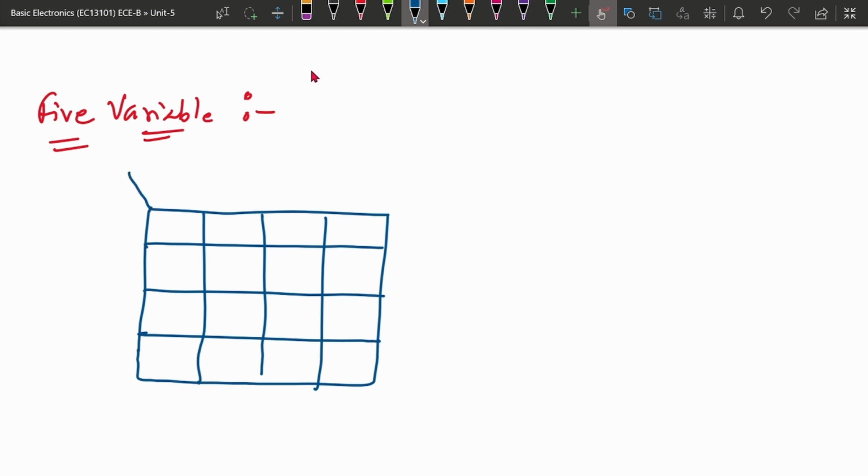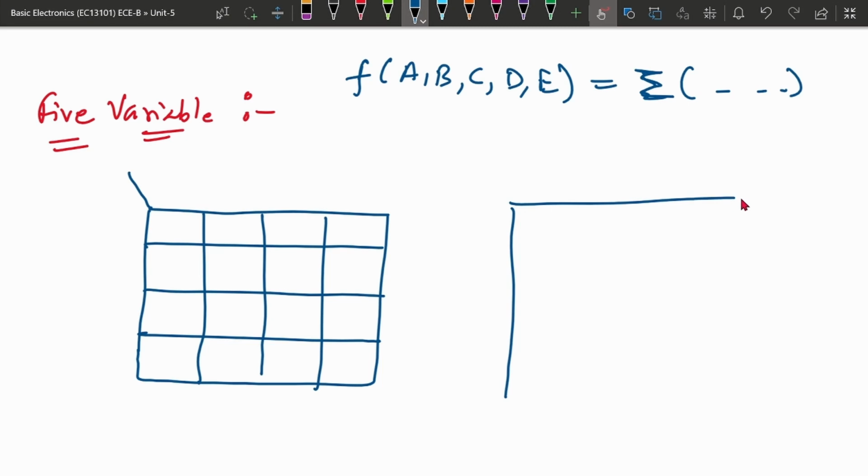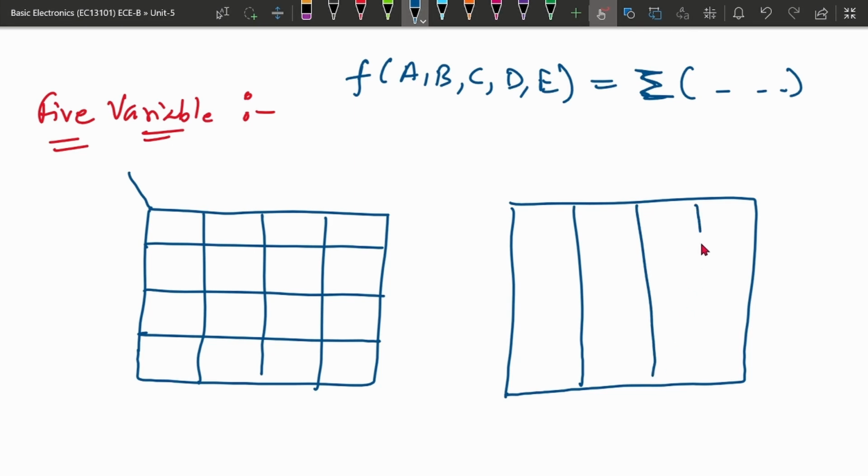Suppose any function has 5 variables A, B, C, D and E, and some min terms. Its K-map is defined like this. It has 16 squares of min terms.